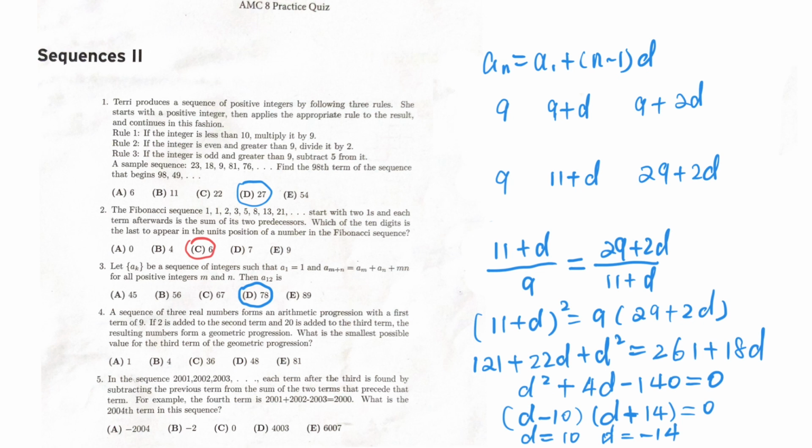The question asks what is the smallest possible value of the third term of the geometric progression. So when D equals negative 14, plug in here 29 minus 2 times 14, that's 28, so it equals 1. The answer is A.